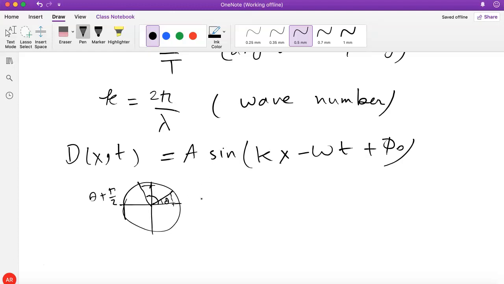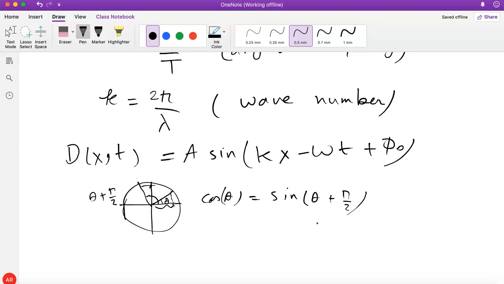So for any general phase, cosine theta, which is this, is the same as sine of theta plus pi over 2, right? So that's really an arbitrary choice. Because we have this arbitrary phase constant, we can pick either cosines or sines.